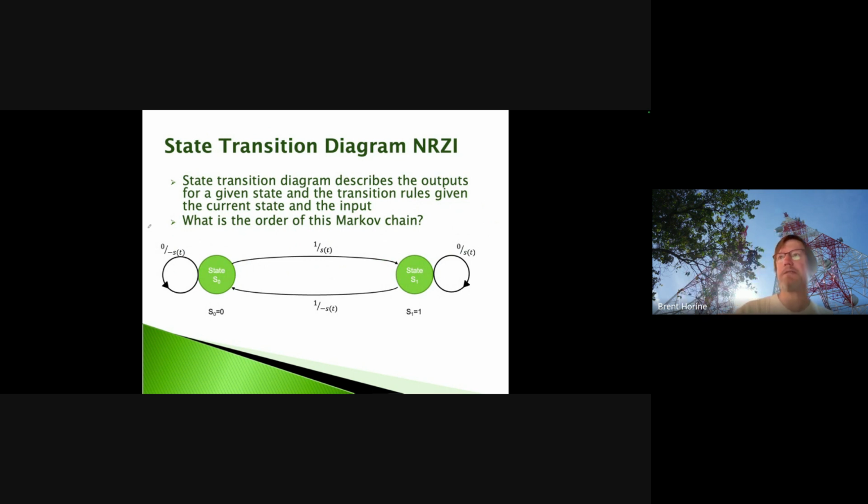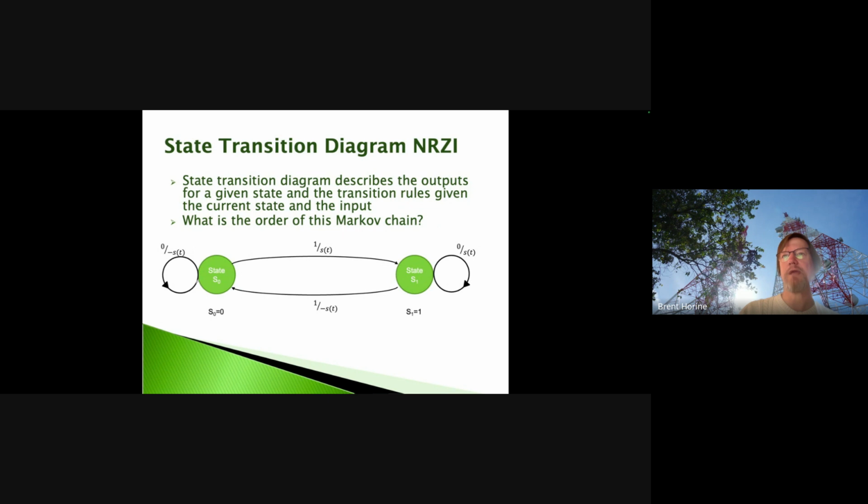Okay, so in this case, here we have a state transition diagram for this NRZI, non-return to zero inverted. Here we have a state transition diagram describing the outputs for a given state and transition rules, given the current state and the input.